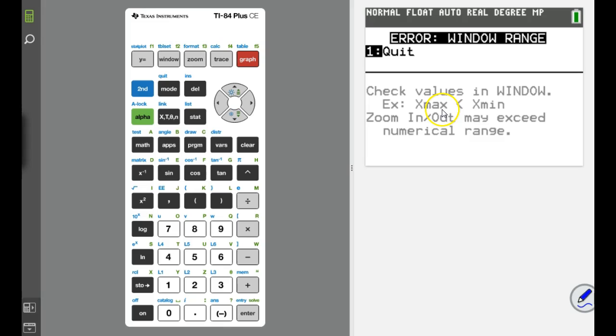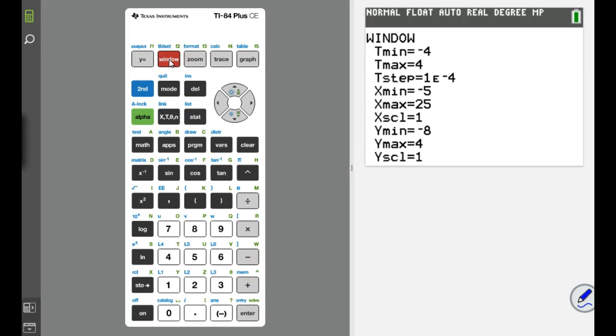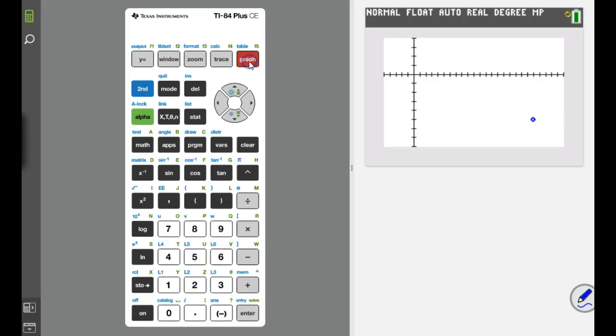What is it? X max is greater than X min. Am I putting it in the wrong spot? -4 to 4. Okay, it's calculating 100 values every time it has to go to the next integer.